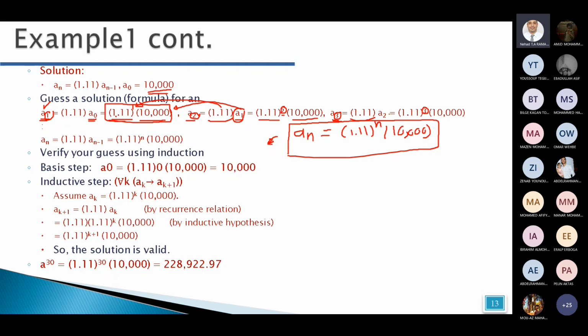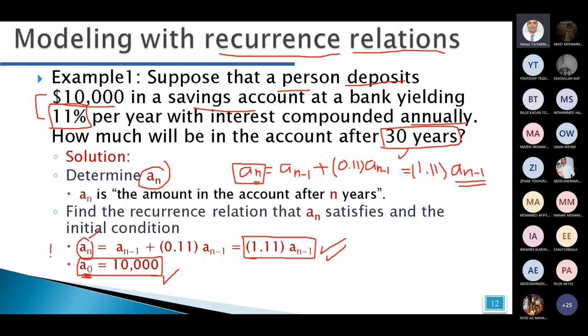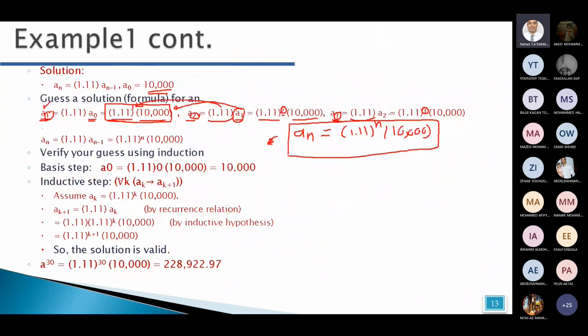Now, next step. First step, we find the recurrence relation. Second step, we find the solution. Third step is to verify or check if this solution is correct.